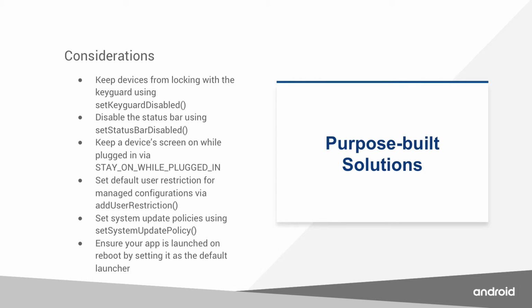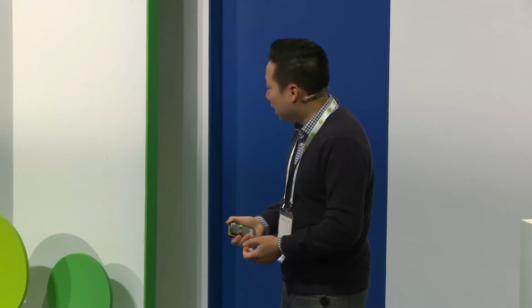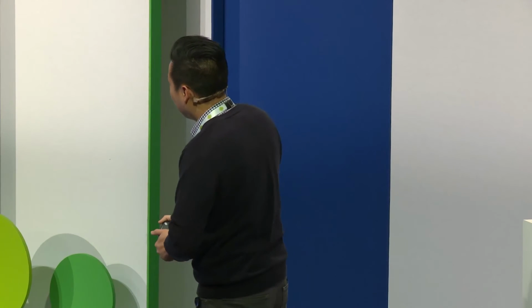You want to set system update policies for updates to ensure that you're not disrupting the end user experience. And as stated before, as a DPC, you'll want to set your app as a default launcher. That way, you get your app launched on reboot.